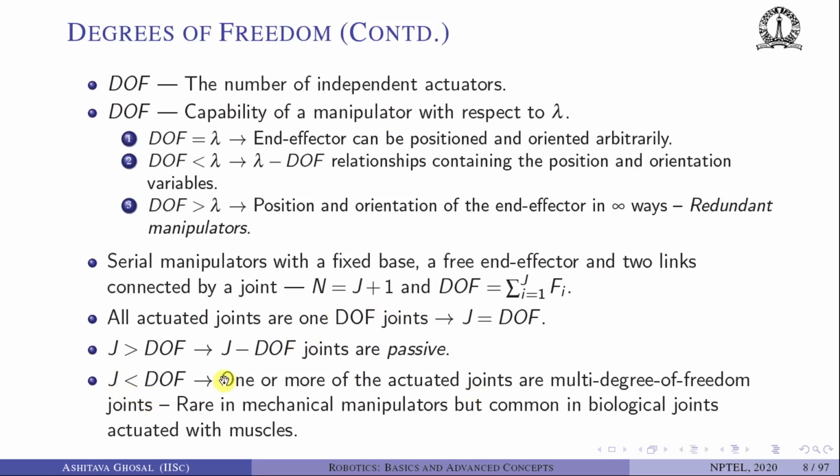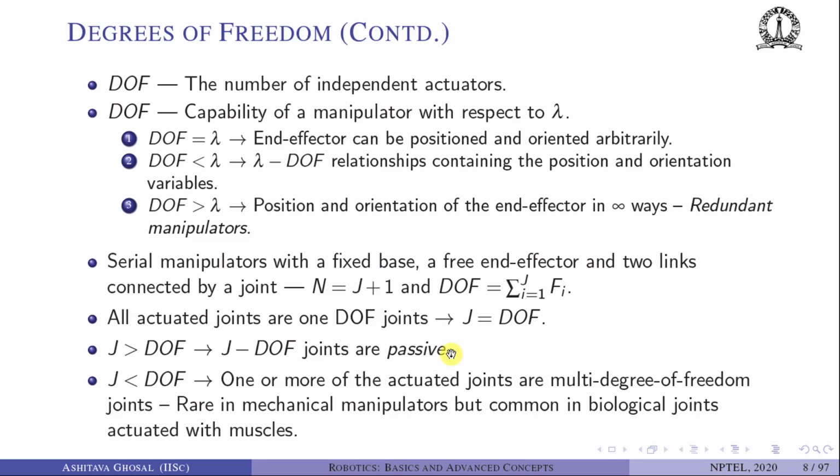If j is less than the degree of freedom, one or more of the actuated joints are multi-degree of freedom joints. You can think of the ball and socket joint or the shoulder joint in your arm. Between your body and the upper arm, there is a shoulder joint. j is 1.